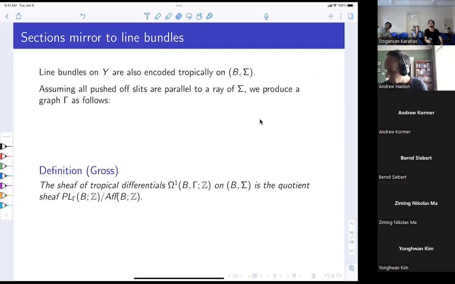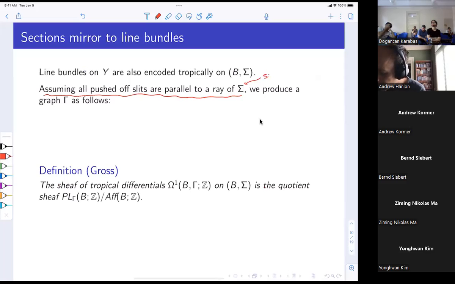One way to do this in this setting is, for now I'm just going to assume that all slits that have been pushed off, so that they're not on the radial direction, are parallel to a ray of sigma. This is just a simplifying assumption for what I'm going to say. You could say a few more words to get the general case.